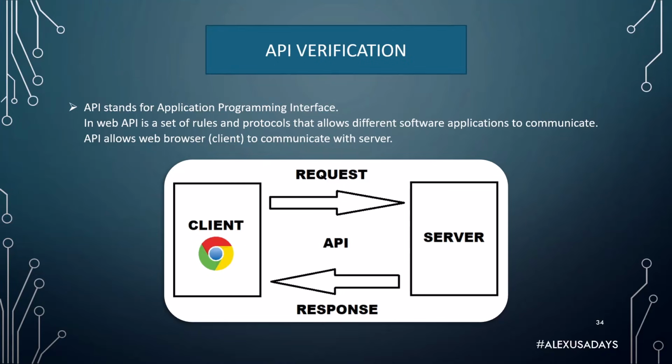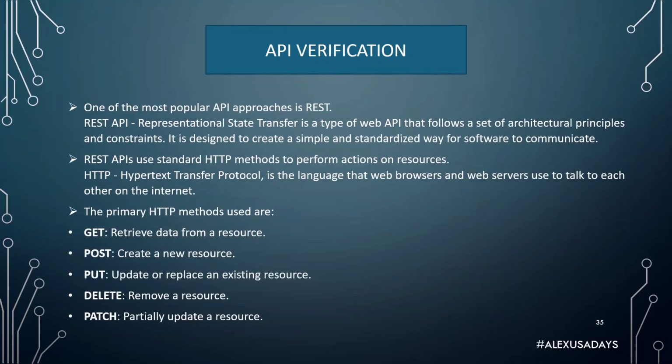So your client, the browser, will send a request to the server. Server will confirm all the information being received, that it is correct, what are you asking for, and then the server will send a response. So this continuous communication is done in API layer. So there's request and response from the browser to the server, and then from the server to the browser.